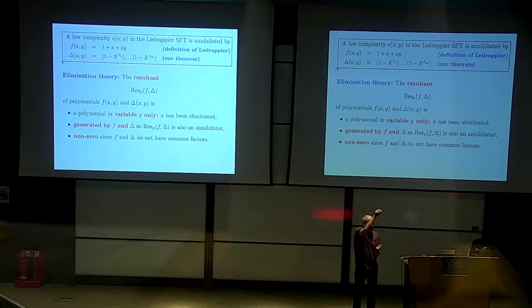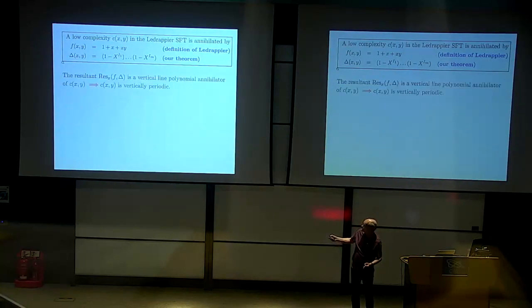As soon as you have an annihilator on a line, it implies periodicity, because it gives you a linear recurrence along the vertical direction, which forces periodicity, of course. So your configuration has to be vertically periodic, just because we found a nice annihilator.